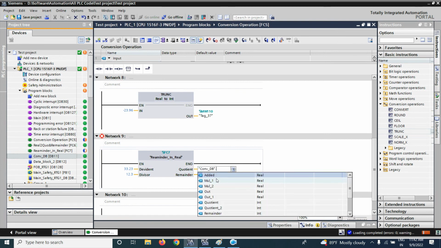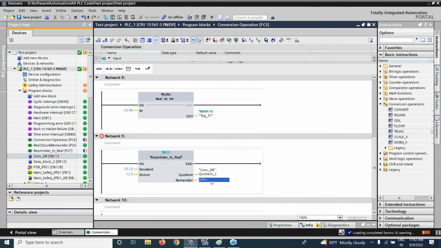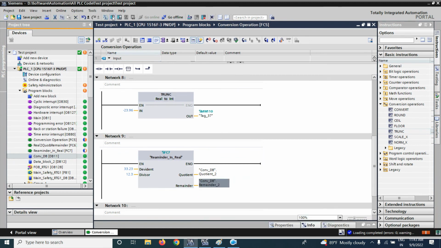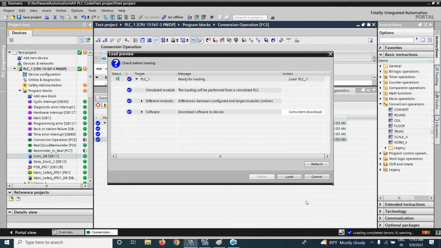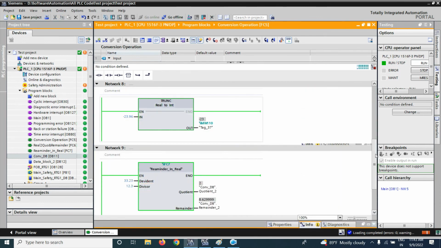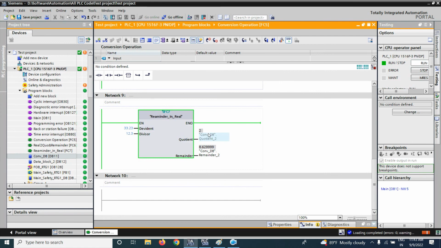Now I will download. See, the quotient is 1 and the remainder is 10.93.